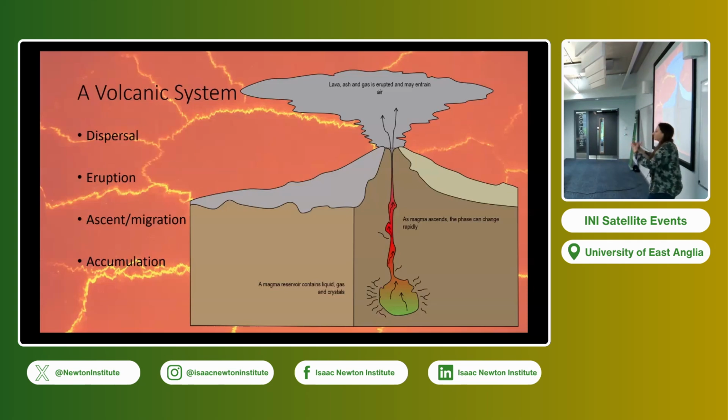Lots of interesting things going on at that point of eruption. And then in the air, sometimes we have a combination of gases and ash, sometimes lava flows and various other things as well. I'm going to go from bottom to top: accumulation, then ascent, then eruption, then dispersal. And then I'm going to give you a case study with some what we call volcano porn at the end, if I have time.